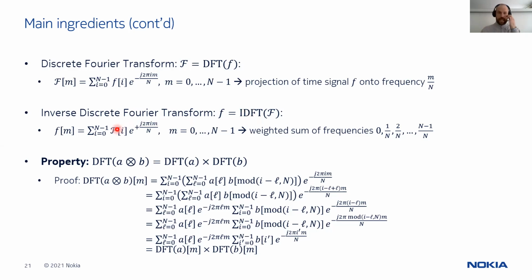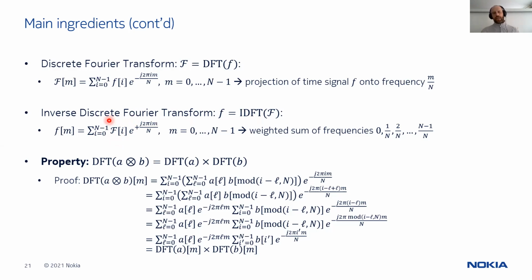Basically, the Fi are seen as the coefficients in frequency. So Fi is the coefficient assigned to a frequency that is a multiple of i.